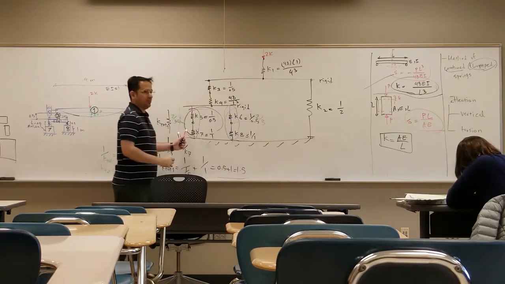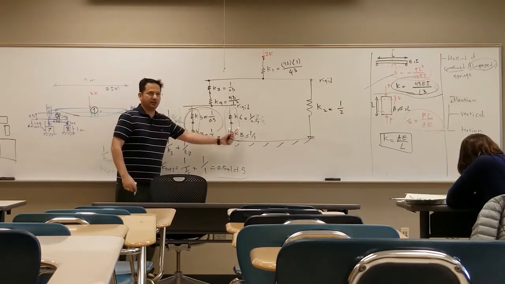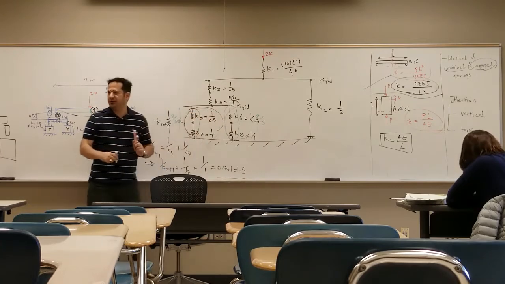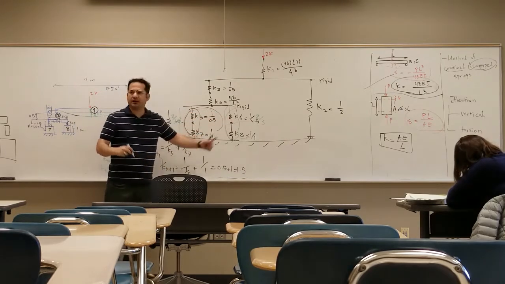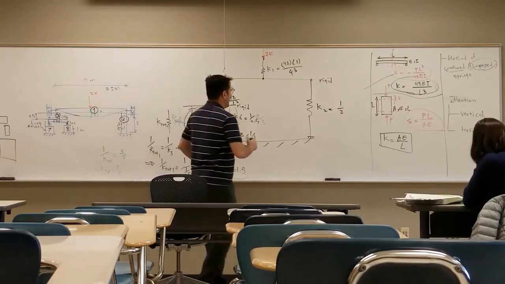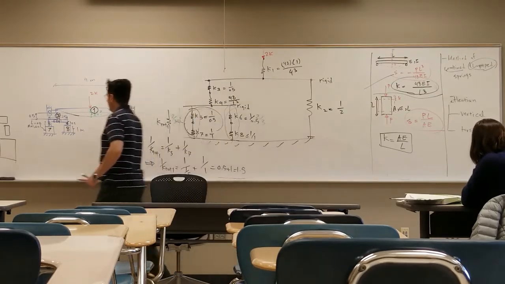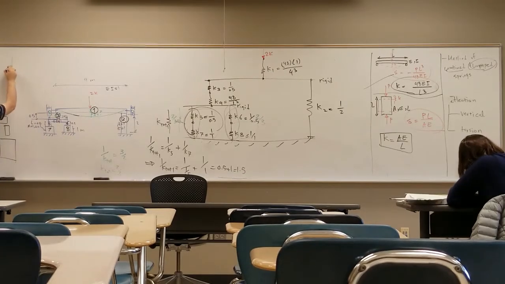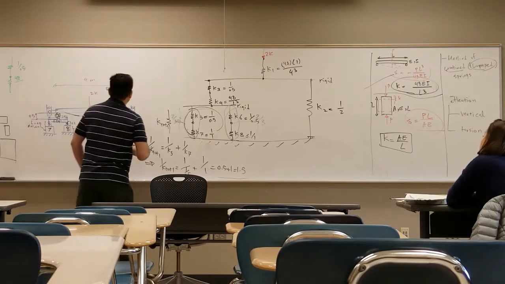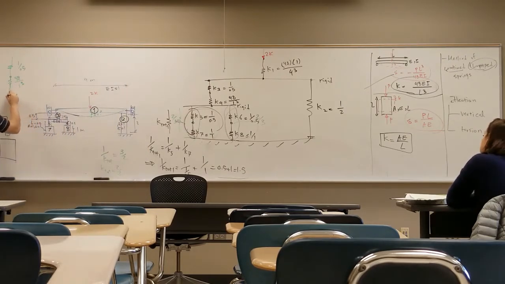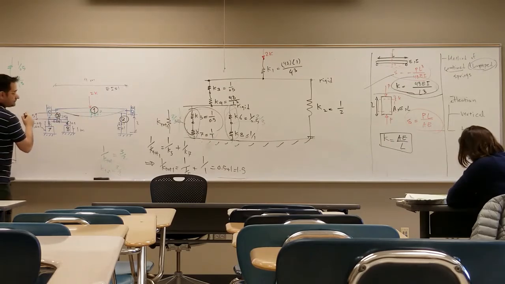So what is my next step? 2 springs are in parallel. What should I do? Add them. So 2 over 3 plus 2 over 3, 4 over 3. So let's write it here, you're going to get the system: 1 over half and 48 over 1 cubed, which is 1. Then the summation of that is equal to 4 over 3.